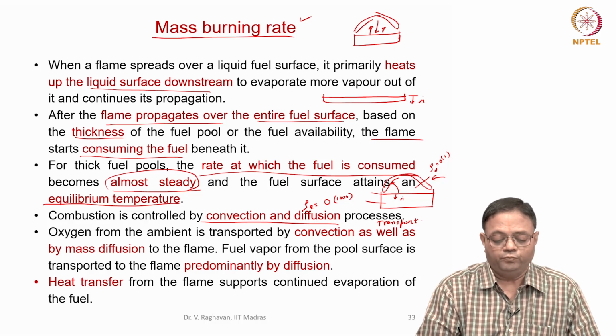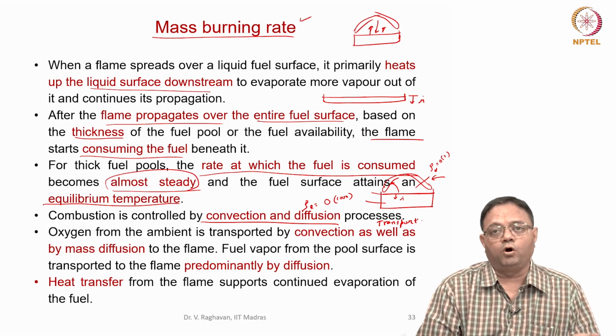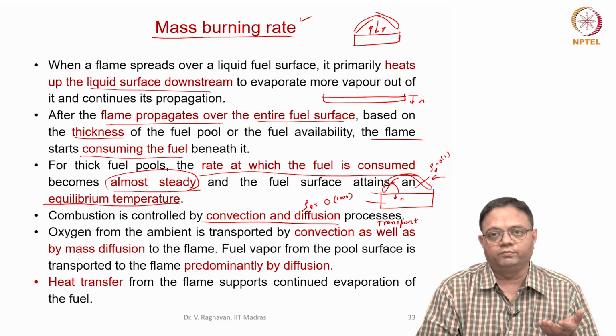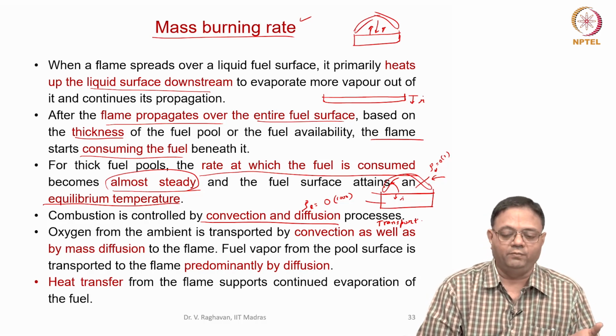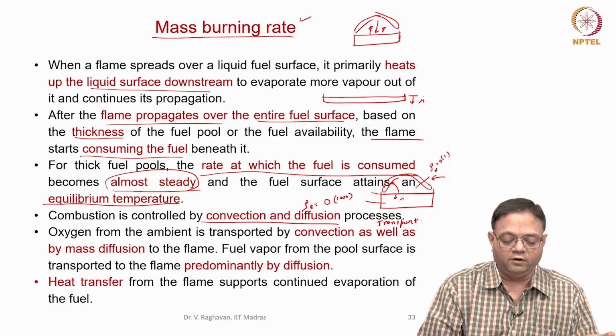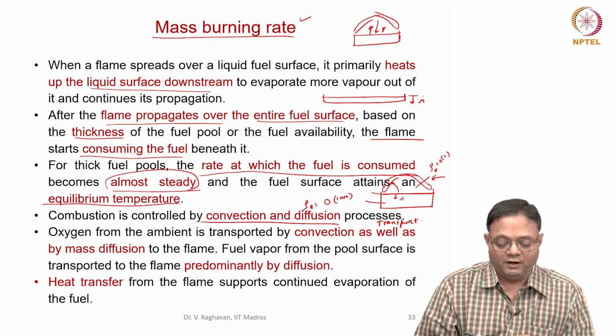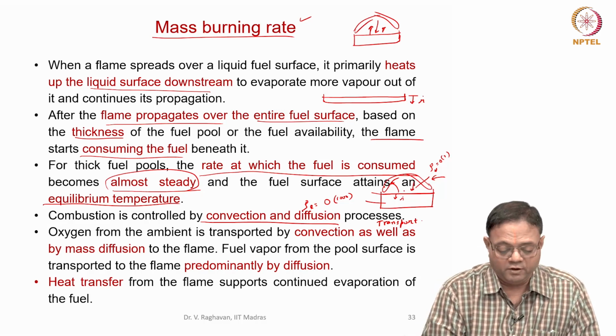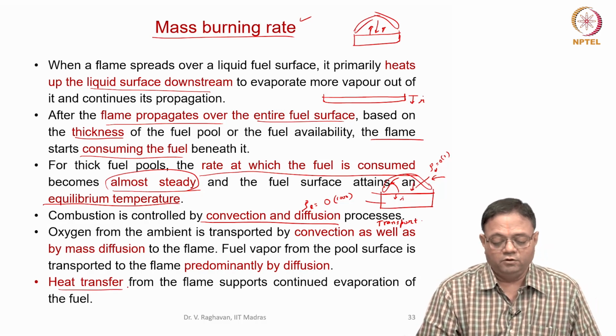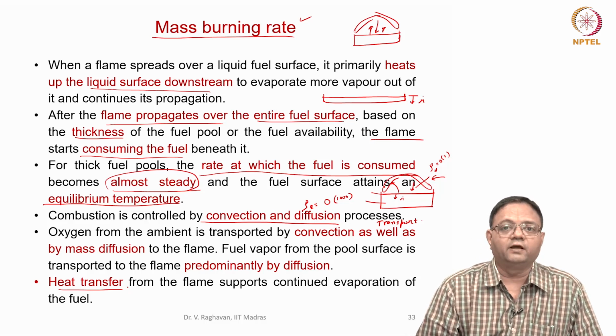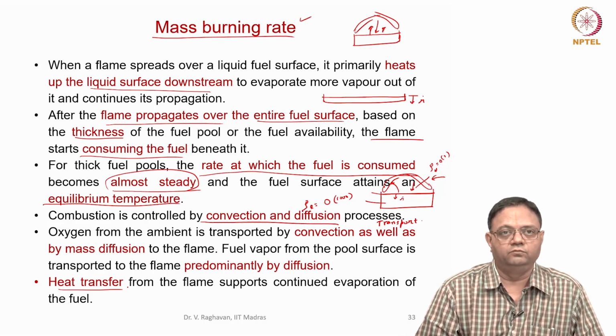Do you understand? So, this is true for both fuel which is transferred from the surface to the flame, or for the oxygen which is transferred from the ambient air to the flame surface. And of course, the heat transfer from the flame to the surface is important for aiding the continuous vaporization of the liquid.